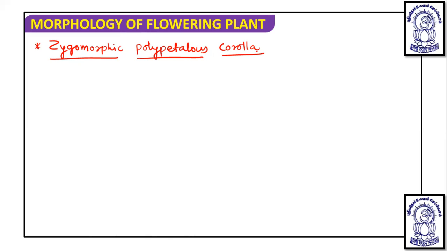Now, in the zygomorphic polypetalous corolla, if you talk about a form, then this form is known as papilionaceous. In the papilionaceous corolla, five petals are found.